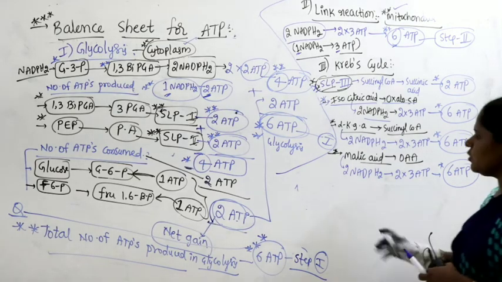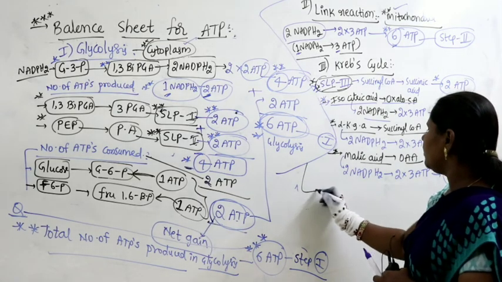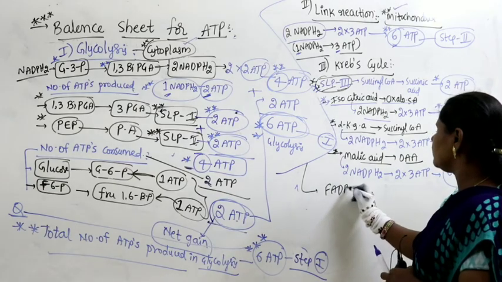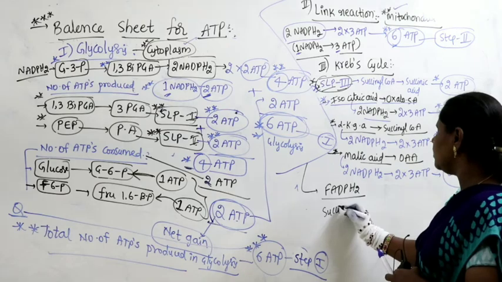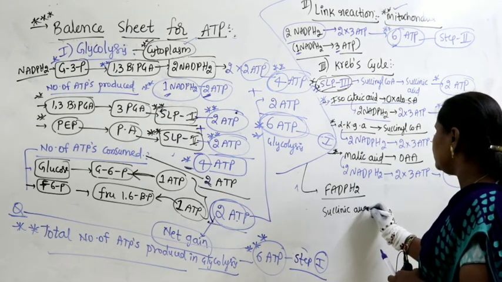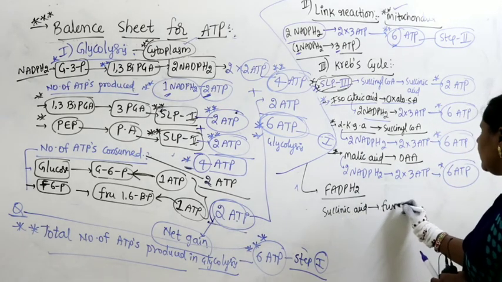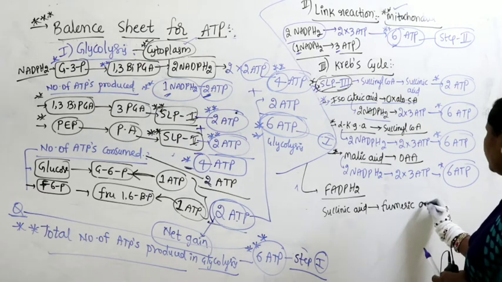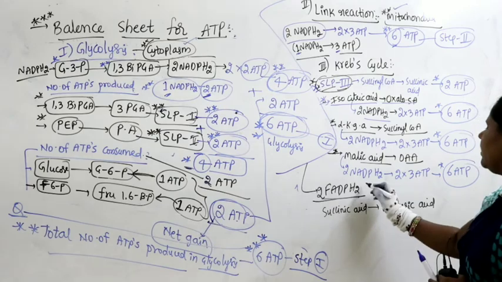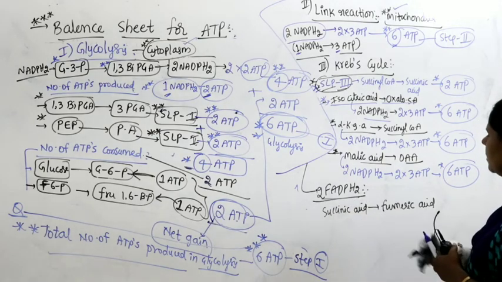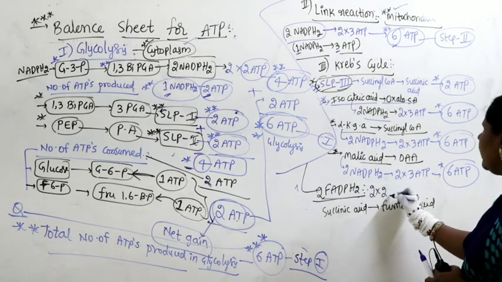So FADPH2 is generated from where to where? Succinic acid to fumaric acid. Now how many FADPH2 does this generate? 2 FADPH2, that means 2 into 2 ATP.